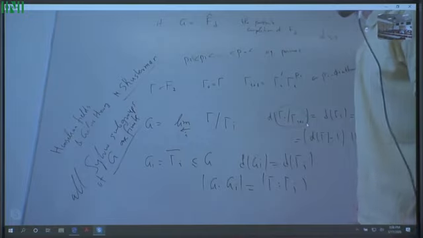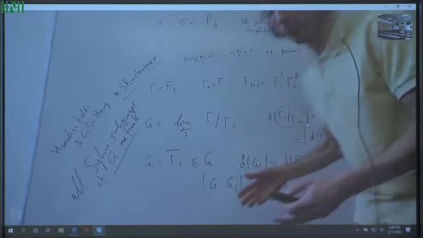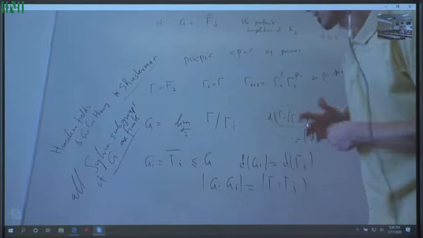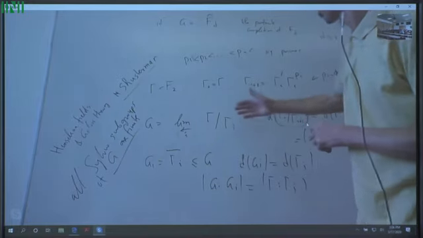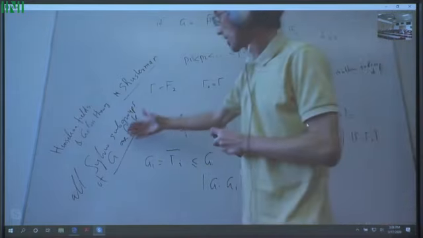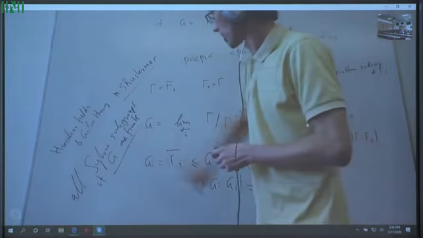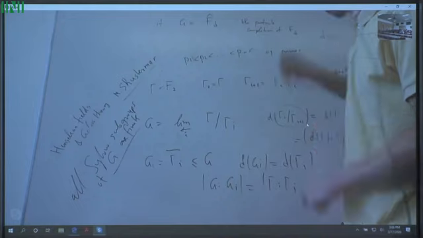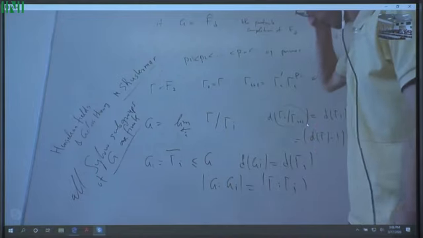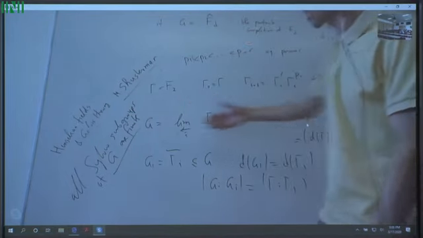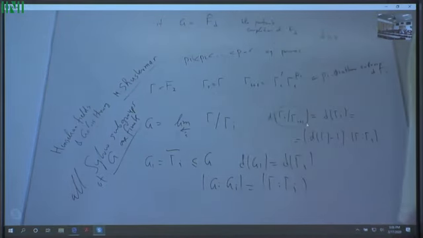So this means that, for example, the group is not projective. It doesn't have finite cohomological dimension. It's not even virtually torsion free, because it has torsion of arbitrarily large size.